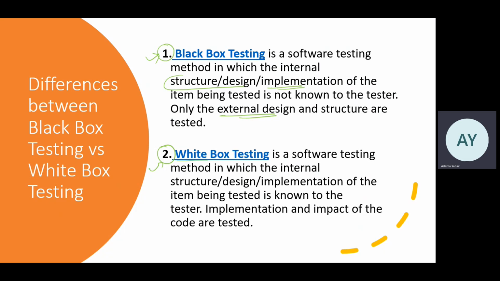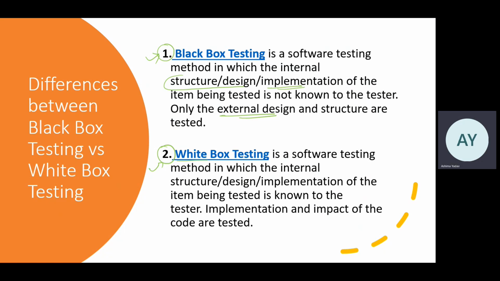All those things, the cyclomatic complexity that we were discussing, come under white box testing, because we are scrutinizing the code. What exactly is happening, we are scrutinizing each and every line of code. So that comes under the technique of white box testing.